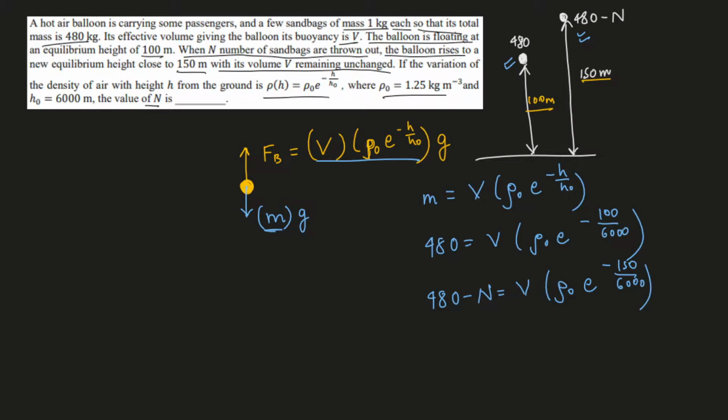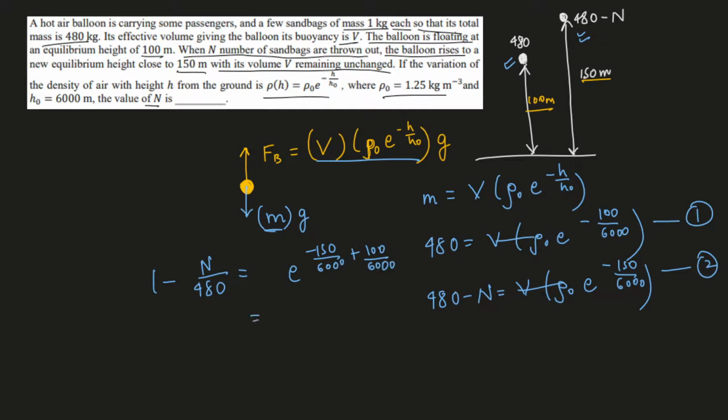We don't know anything about V, so we can just divide these two equations. We divide equation 2 by equation 1. That gives us 1 minus n by 480, equal to e to the power of, notice these all get cancelled out, negative 150 by 6,000 plus 100 by 6,000.